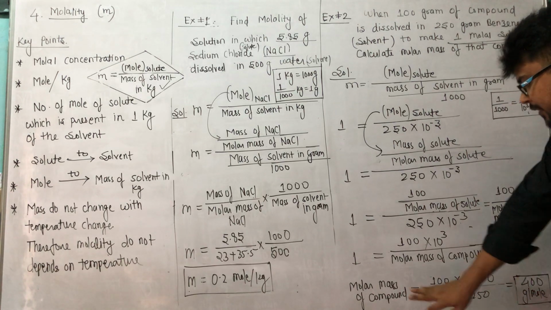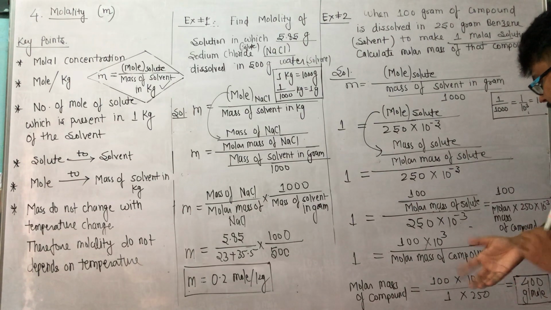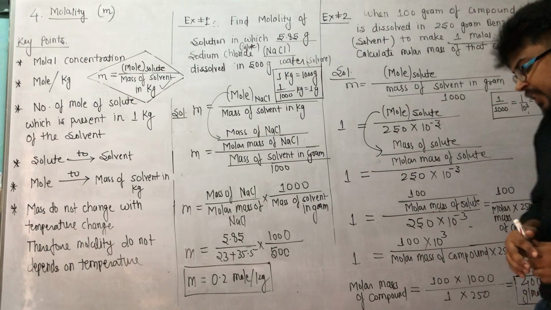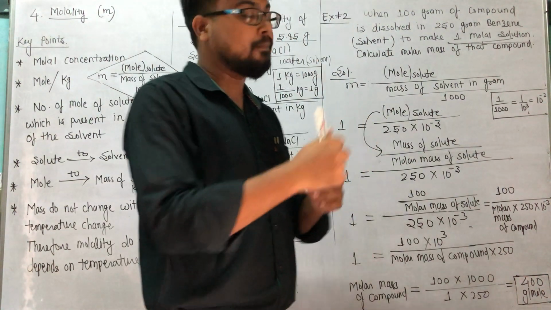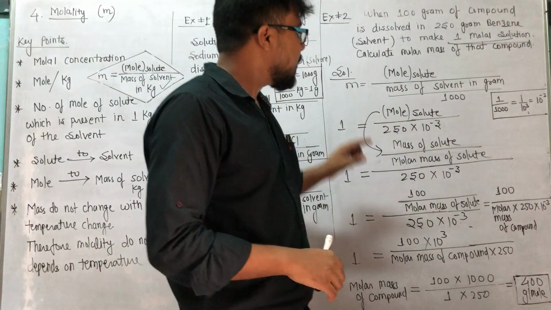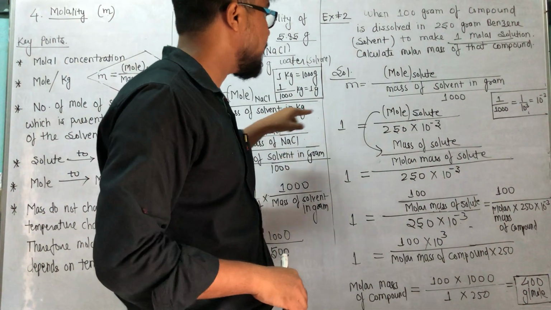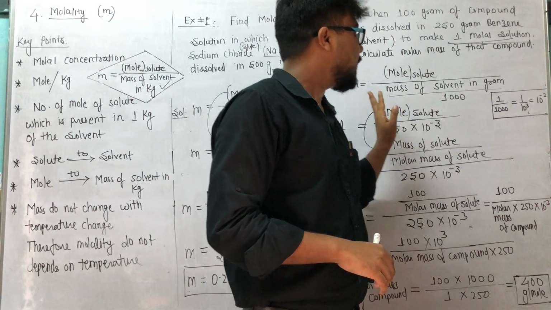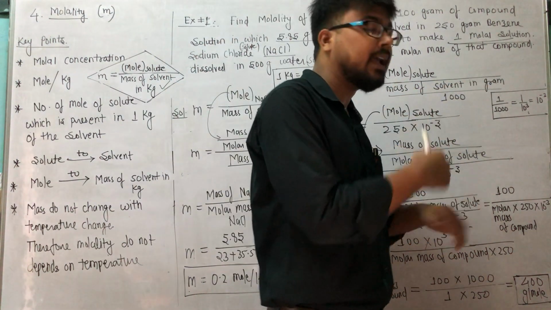Now next, molar mass of compound I have to calculate. So this one will be shifted here, and when you solve it, you will get 400 gram per mole is the molar mass of that compound. Again I am repeating, as per the formula I have to convert this kilogram into gram. That's why this gram to kilogram, that's why I had to divide by 1000.